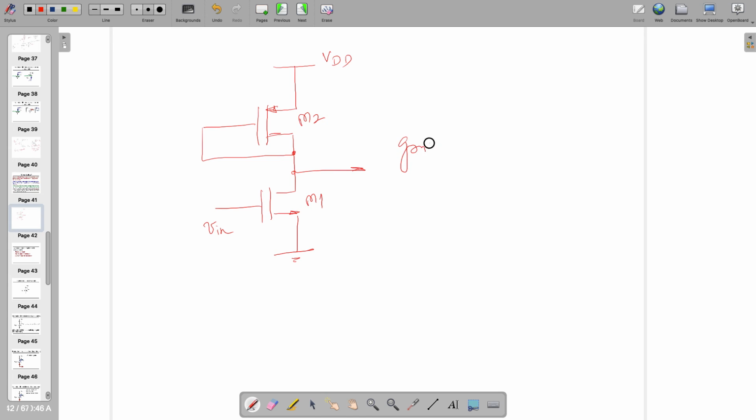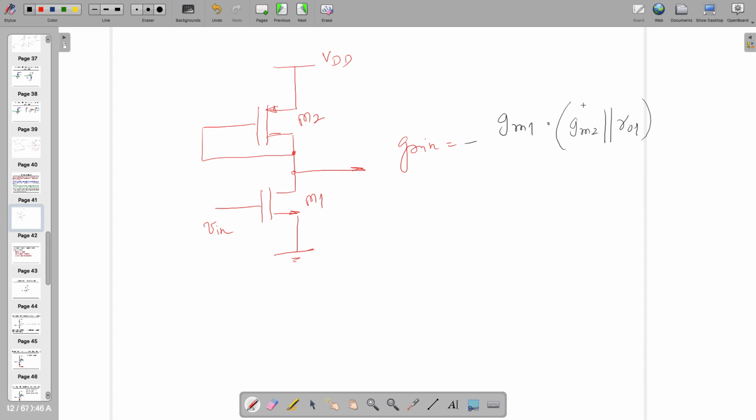The gain is minus GM1 into GM2 in parallel with... but this does not match the quantities, right? This is in mho and this is in ohms.